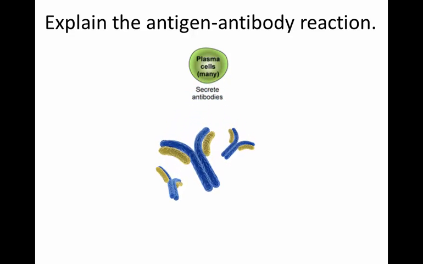It secretes antibodies which have this chemical structure. It looks like a Y. On the tip of the Y, where the yellow and the blue meet, there is protein that is coated in such a way that it is created to attack a certain antigen. Here's where the specificity is important. Maybe this antibody is built in order to attack this kind of bacteria.